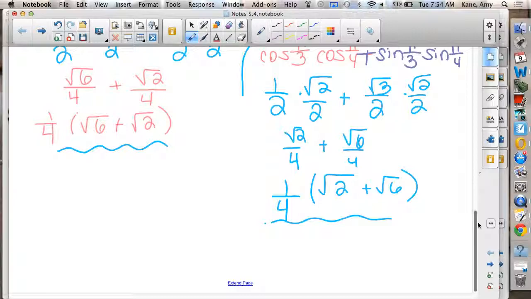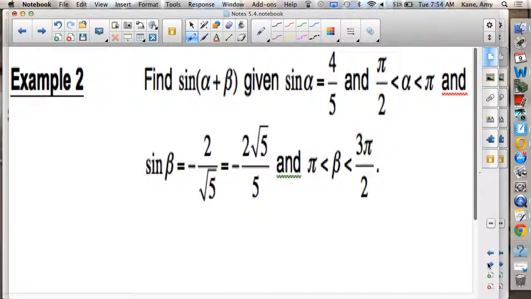So the next type of problem is an application going back to triangles. Instead of having the angle, like the previous problems did, we now know what the value of an angle is equal to. So the sine of angle A is equal to 4/5, and that angle is between pi over 2 and pi. So that means it's in the second quadrant.